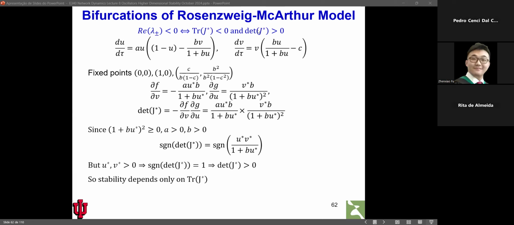And we have proved here that the determinant of J star calculated at the fixed point is larger than 0. So we have to look at the trace of the Jacobian calculated at the fixed point.